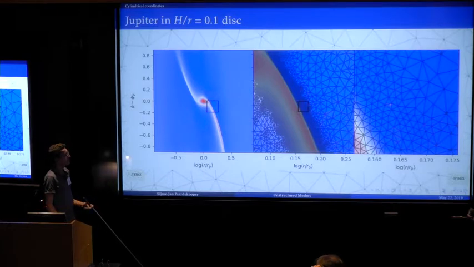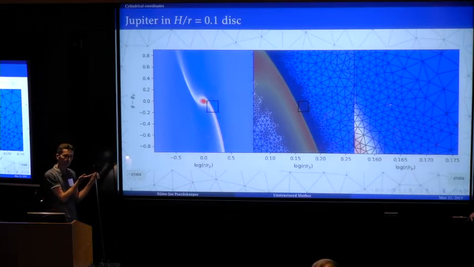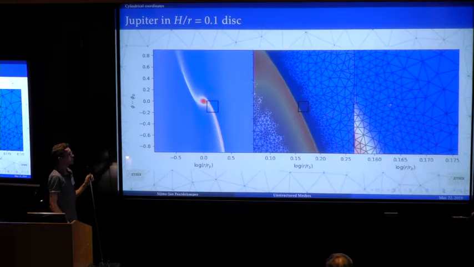Dust: there's no reason why you couldn't do multi-fluid on this mesh. No, but I meant with particles. Particles, yes. How would you do the drag force and back reaction with particles?